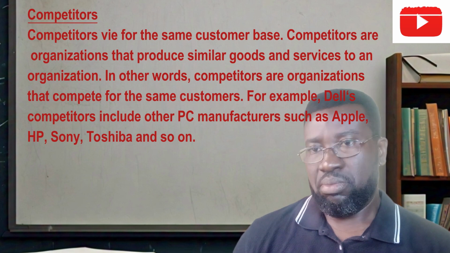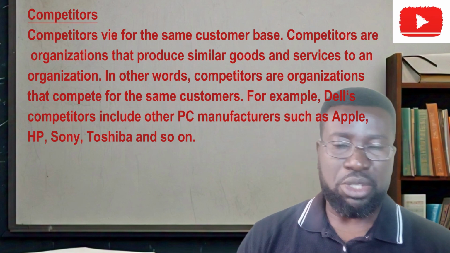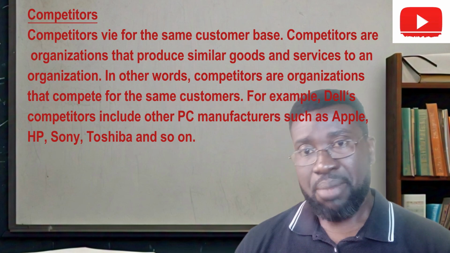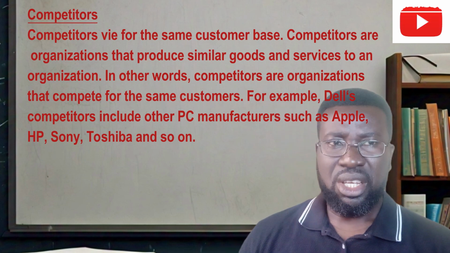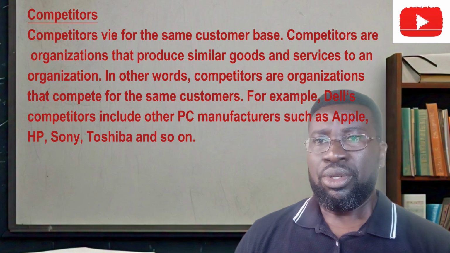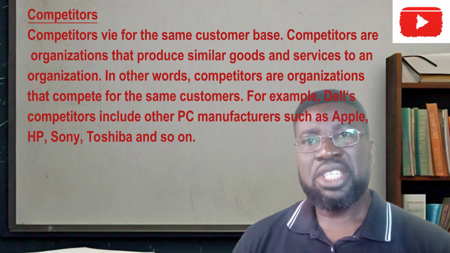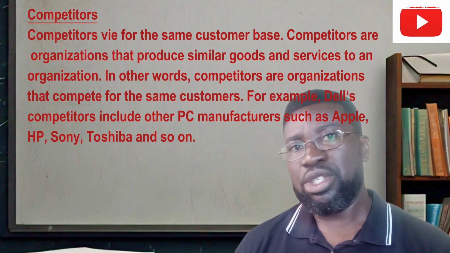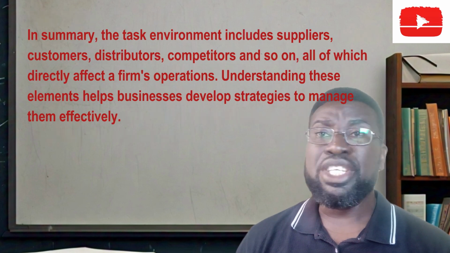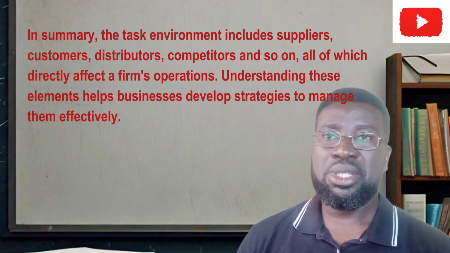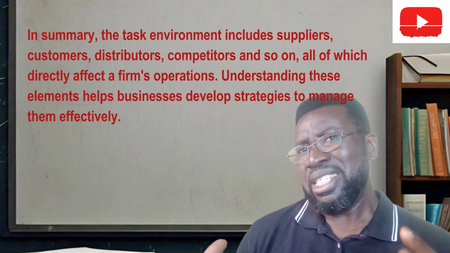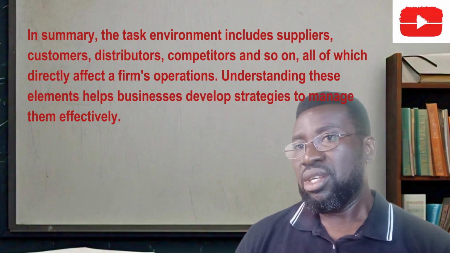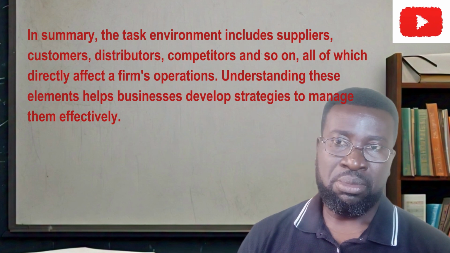It includes current rivals and potential new entrants to the business space, which is influenced by barriers to entry into that business space. In summary, the task environment includes suppliers, customers, distributors, competitors, and so on, all of which directly affect a firm's operation. Understanding these elements help business develop strategies to manage them effectively.